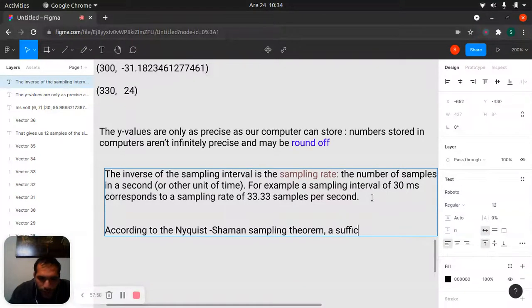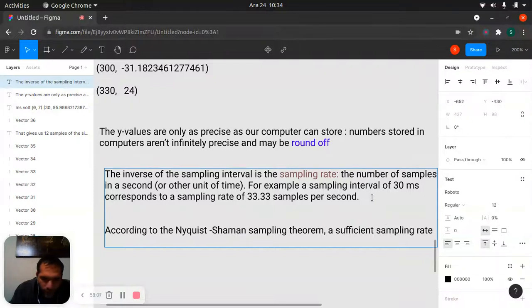A sufficient sampling rate is anything longer than twice the highest frequency in the signal.